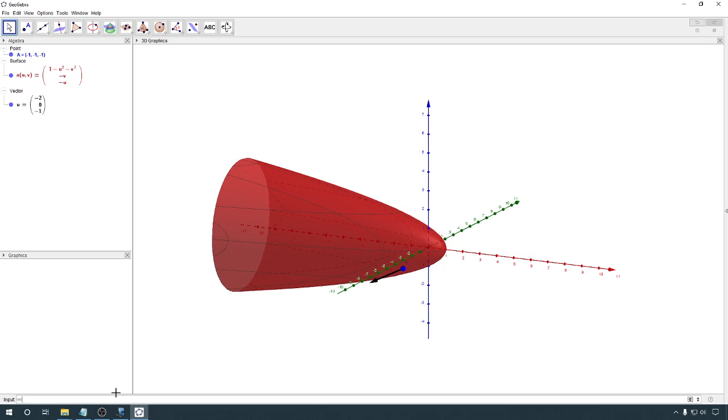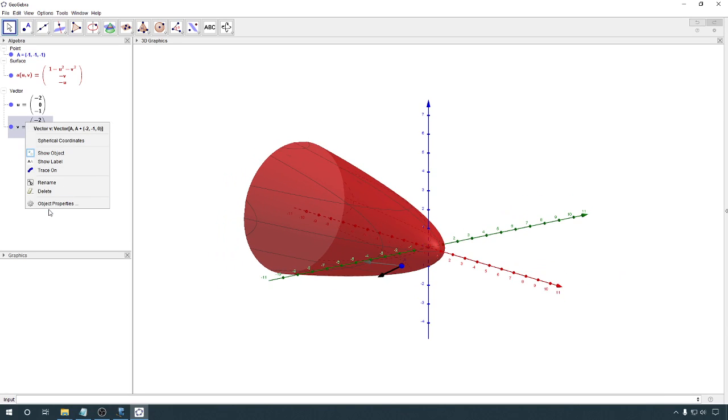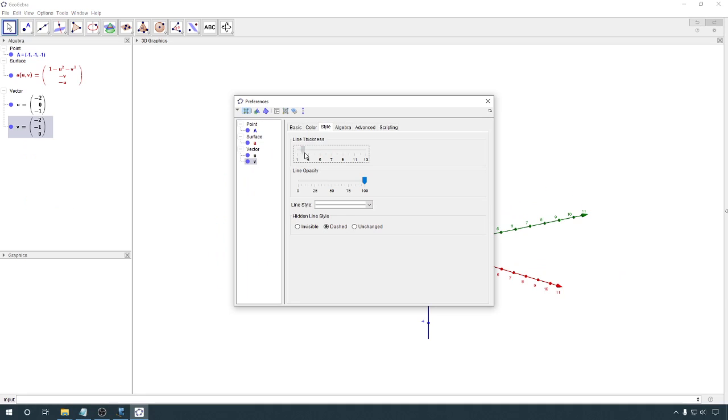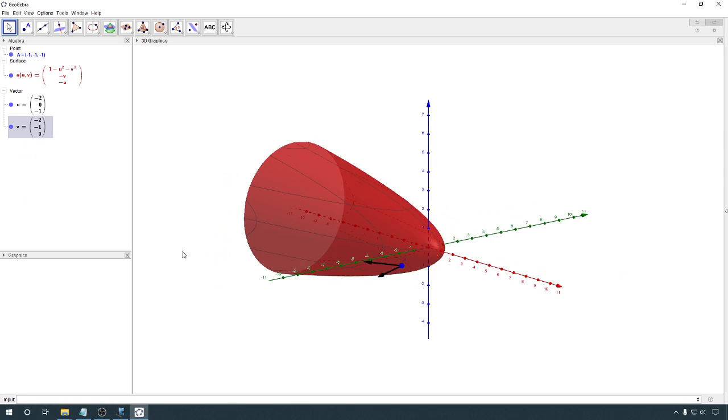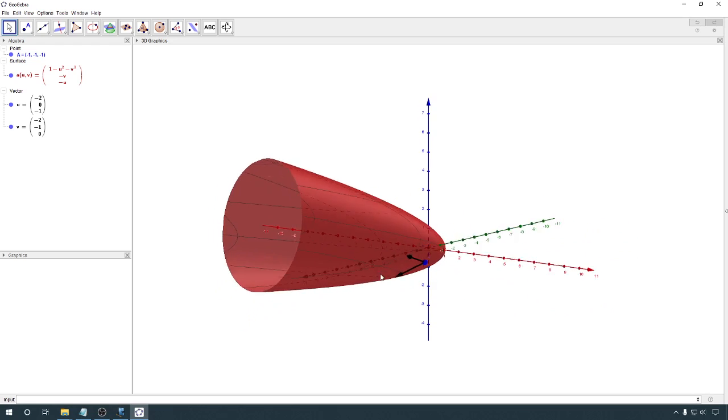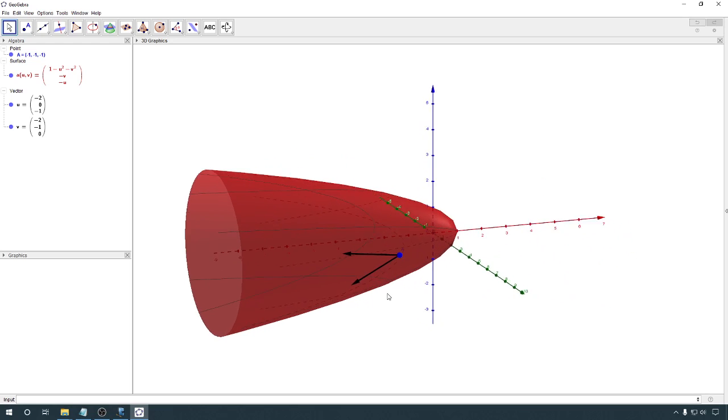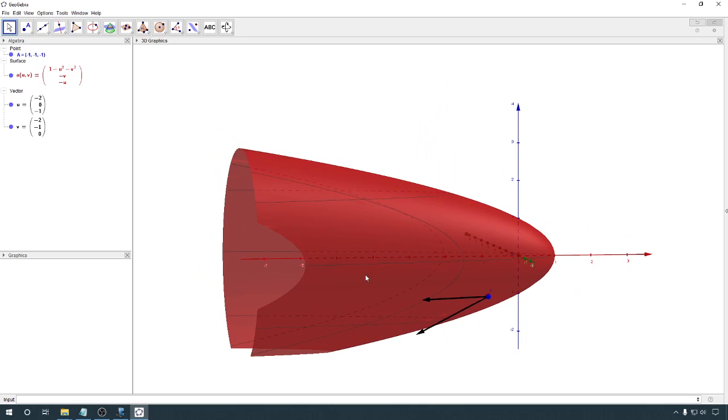Then we'll do the same thing with the other one. We have the vector starting at A and being modified by negative 2, negative 1, 0. And again, let's make this a little bit thicker. So we have these two vectors that are definitely tangent to our paraboloid.